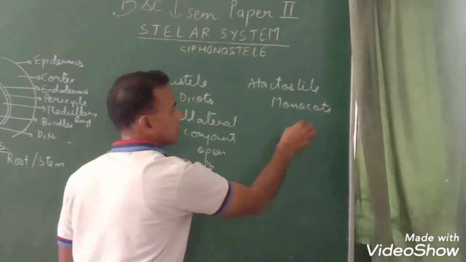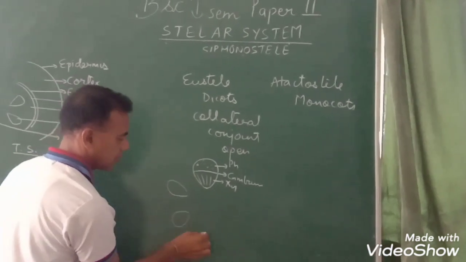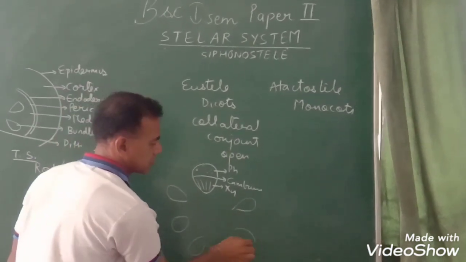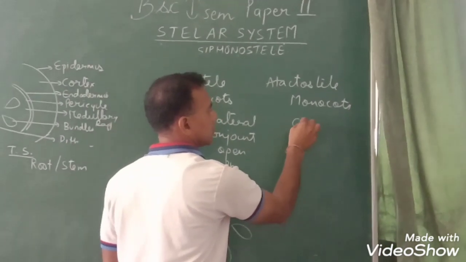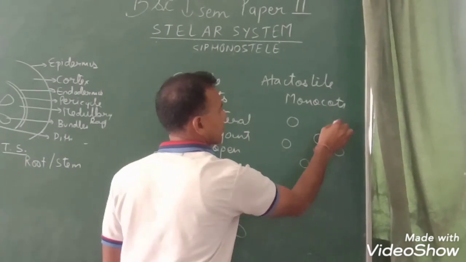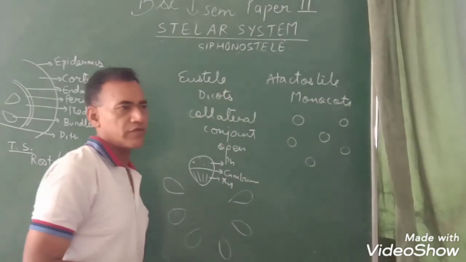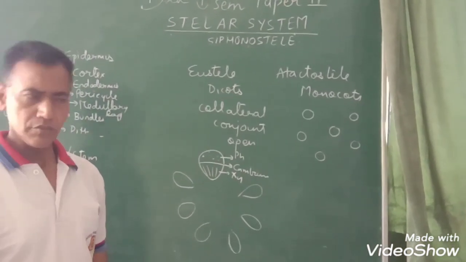In dicots these bundles were arranged in a ring like this, whereas in monocots the vascular bundles are found scattered like this. So these two types of steles are also found.